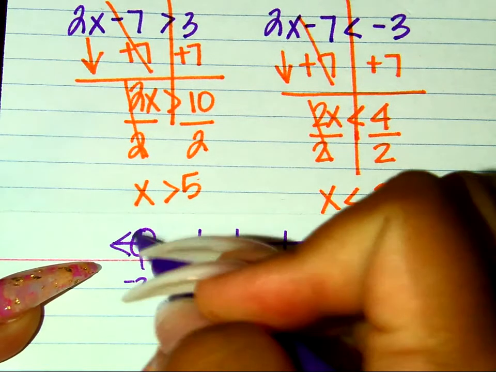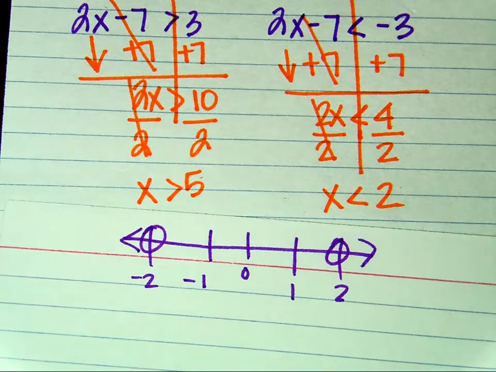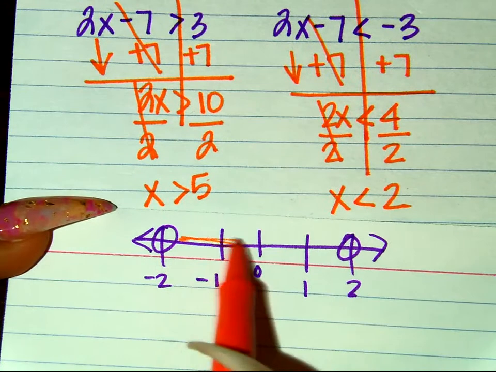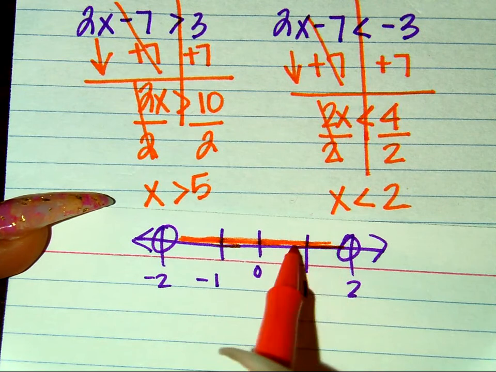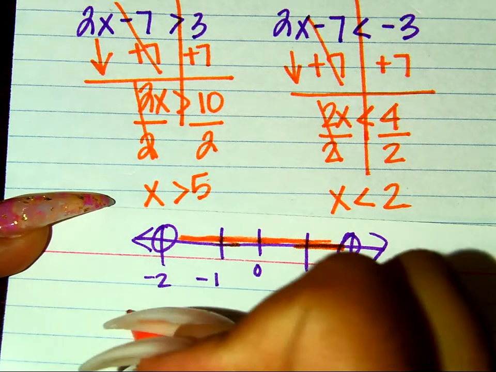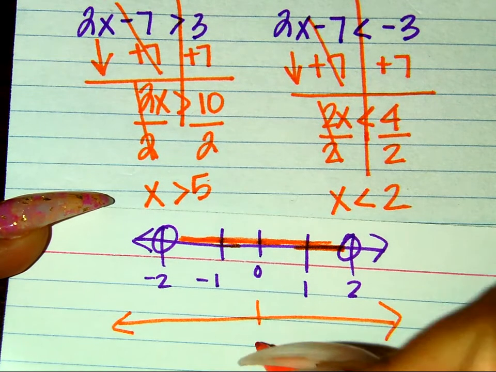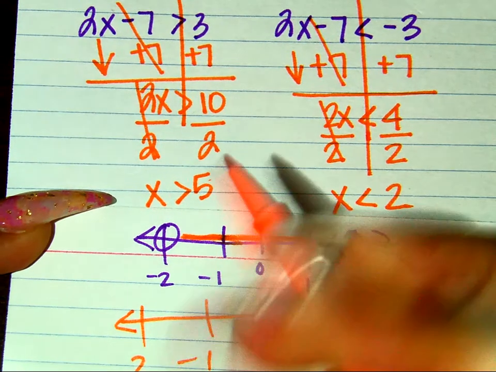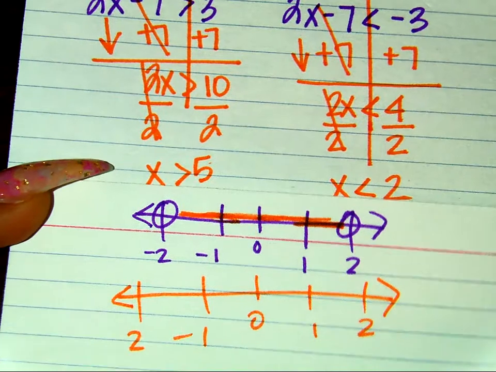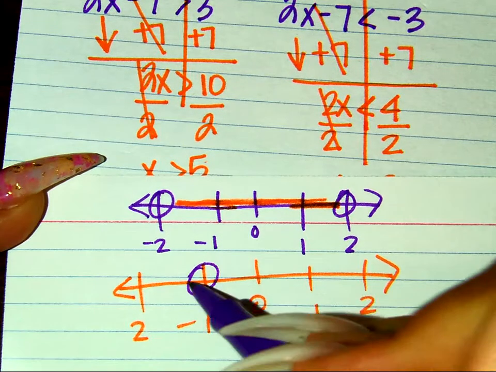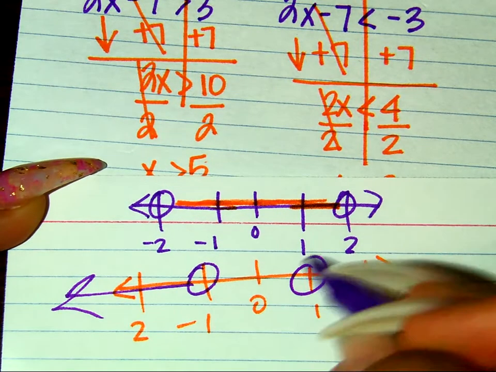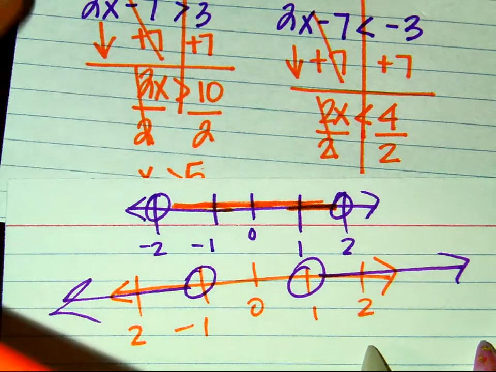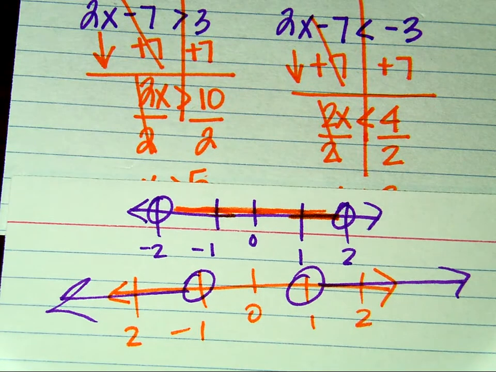When you have an and problem, the lines are going to connect in the middle. When you have an or problem, the lines are going to go in separate directions.